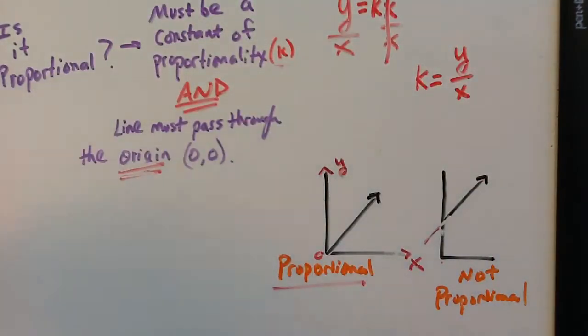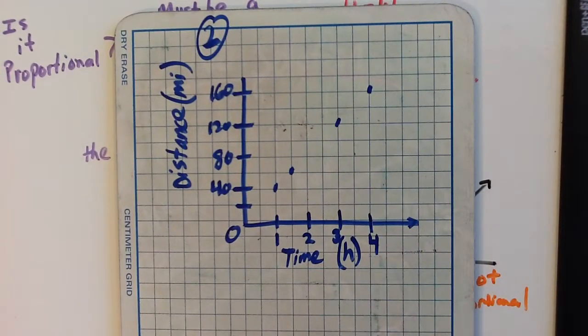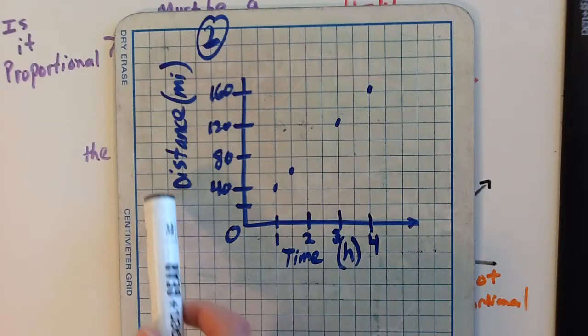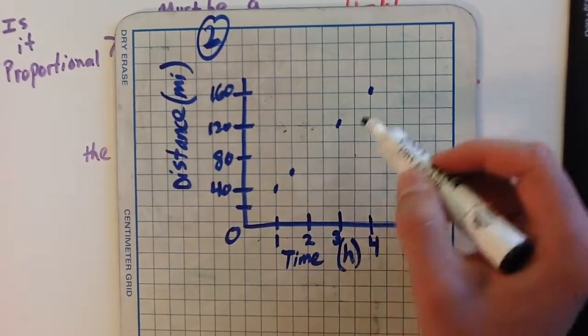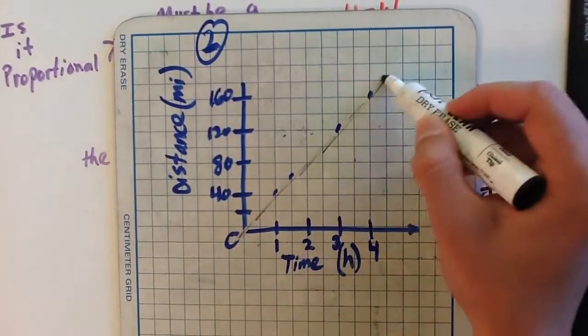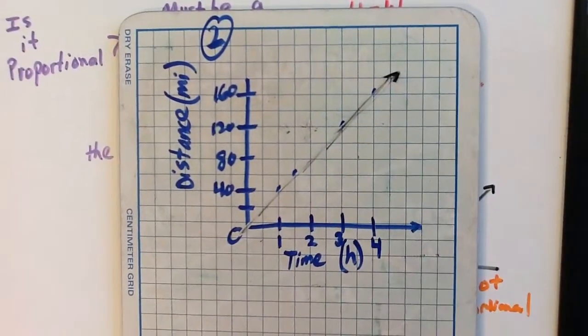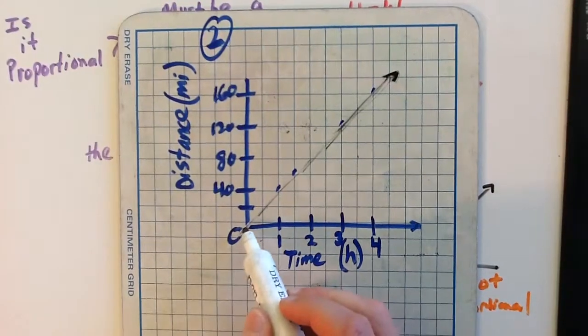Second example. Here's our second example. We are comparing the time in hours to the distance in miles. So these points that are given to us, if we connect them with a straight line, which looks something like that, you can see that yes, it does go through the origin.